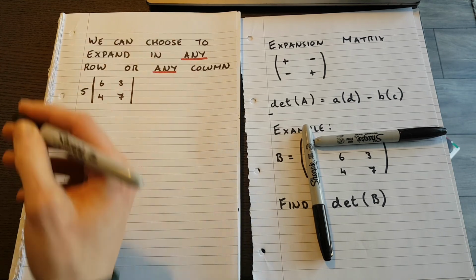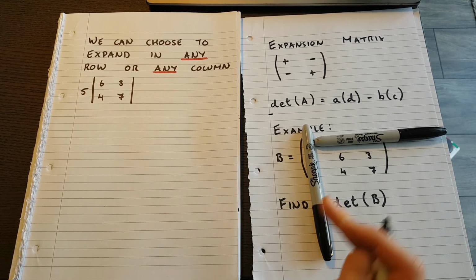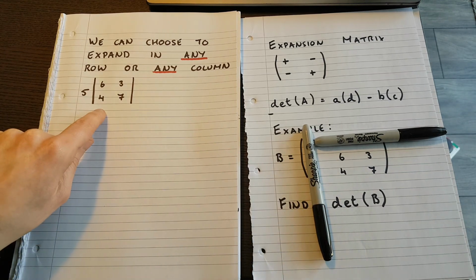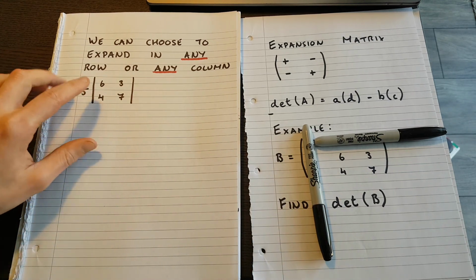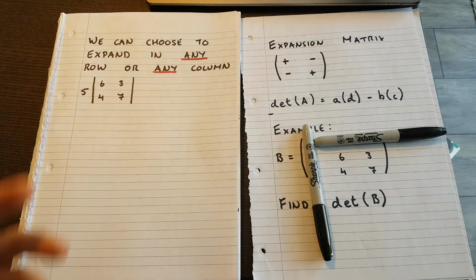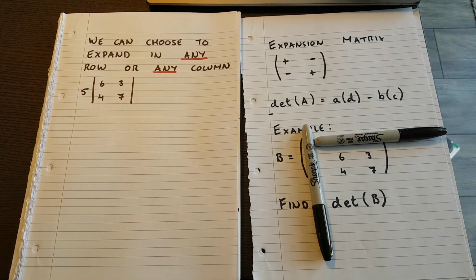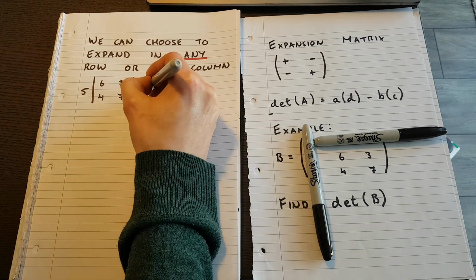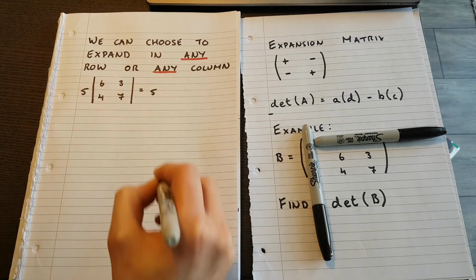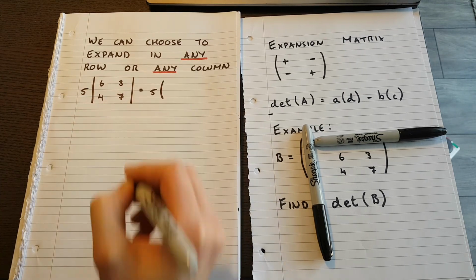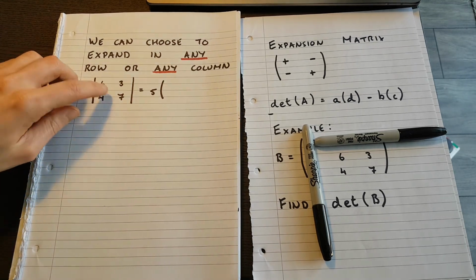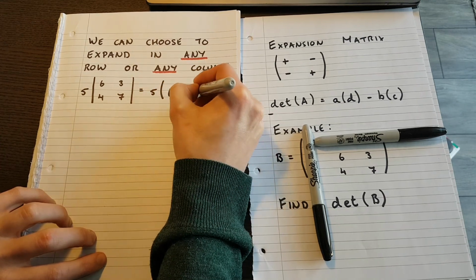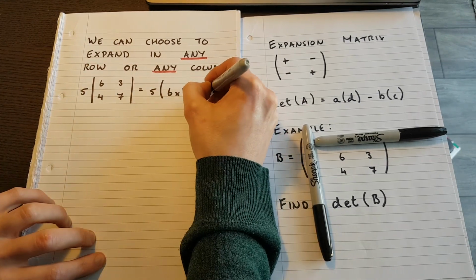A pretty simple question would be, what is the determinant of this 2 by 2 matrix, which is the thing I'm looking for? Of course here we can just use the standard formula that we've learned before for 2 by 2 matrices. So this is going to be equal to 5 times my standard AD minus BC: 6 times 7, minus 3 times 4.